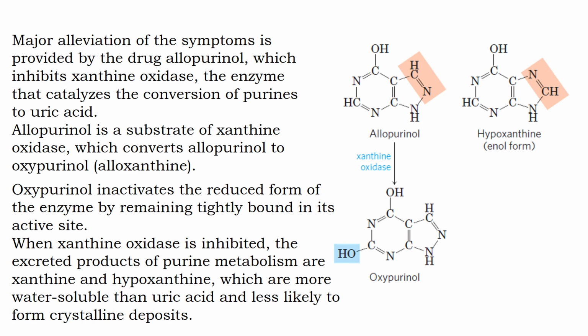So this is inhibiting the enzyme. When xanthine oxidase is inhibited, the excreted products of purine metabolism are xanthine and hypoxanthine, which are more water soluble than uric acid and less likely to form crystals. Since xanthine and hypoxanthine are more water soluble, they can be eliminated easily in the urine.